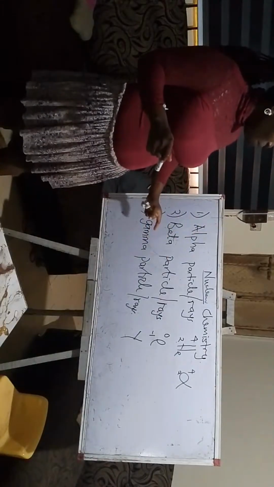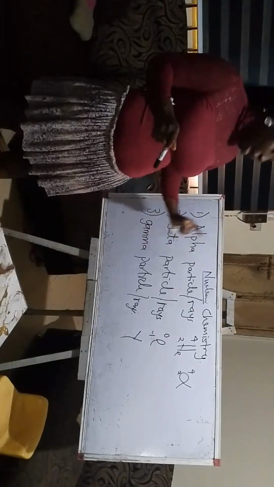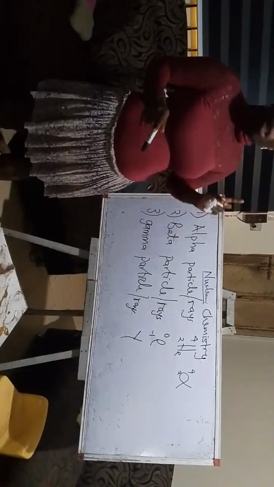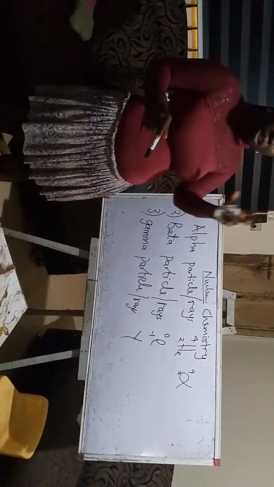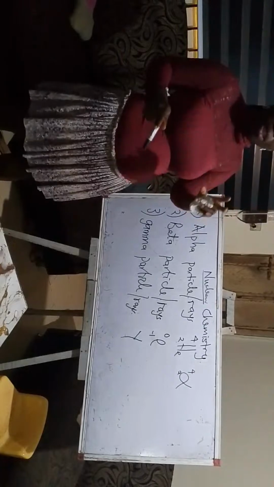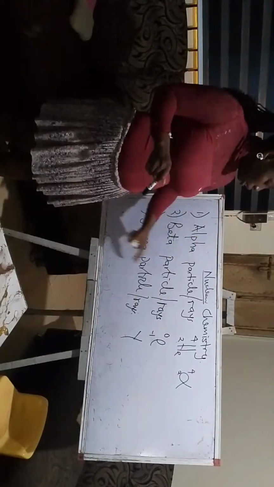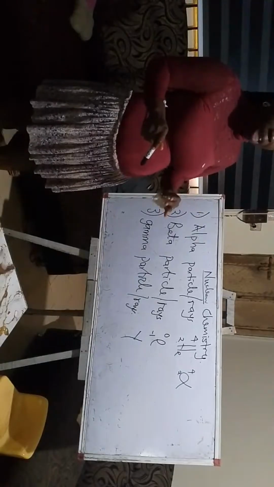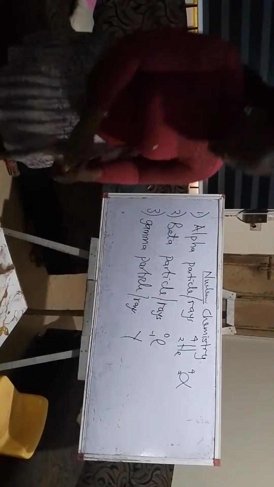The penetrating power of gamma is higher than beta and alpha. Moreover, this gamma particle can only be stopped by a lead block. You put a lead block in between the rays and it stops the ray; it does not pass through the lead block. So that is the difference between these three particles. Now we are going to take some nuclear reactions of these particles. So we'll go on break, then take the reactions.